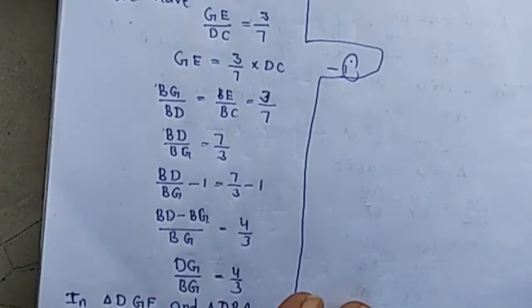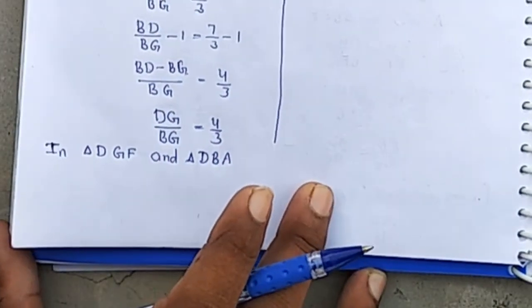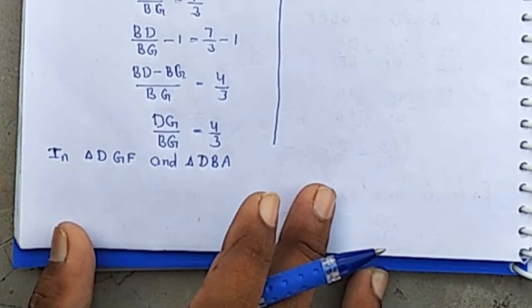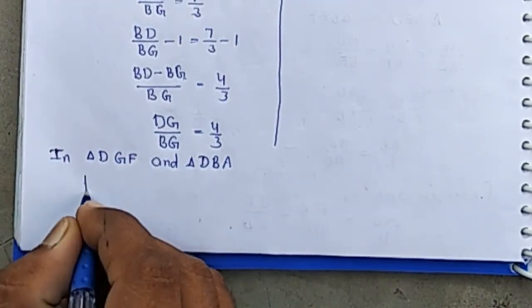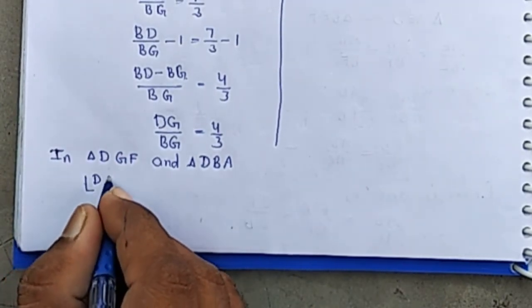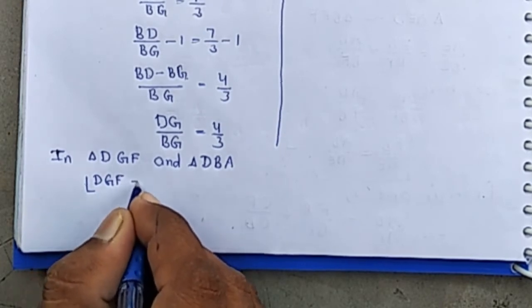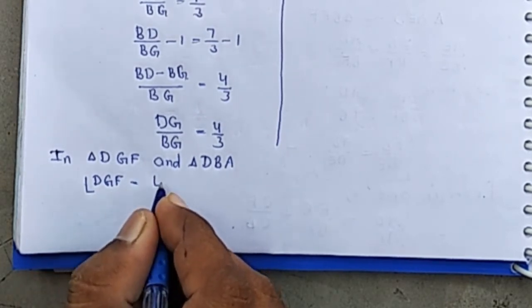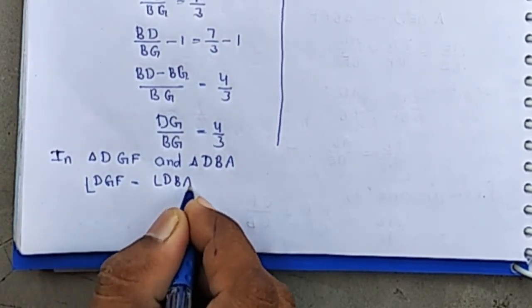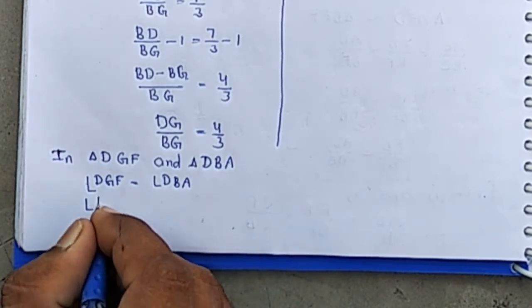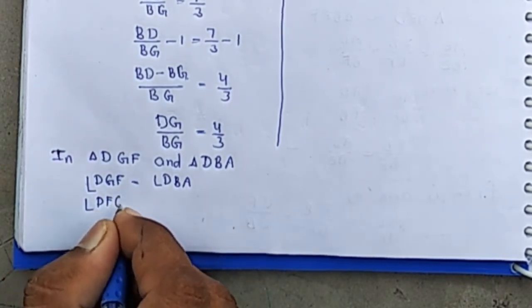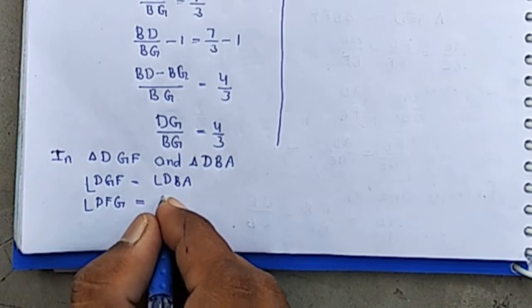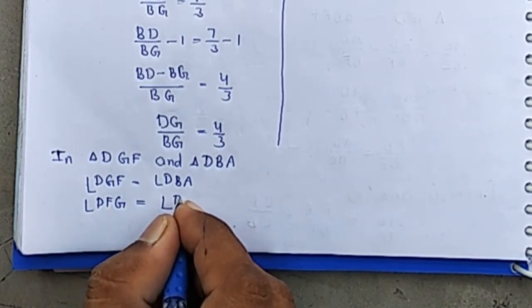Then in DGF and DBA, angle DGF is equal to angle DBA, and angle DFG is equal to angle DAB.